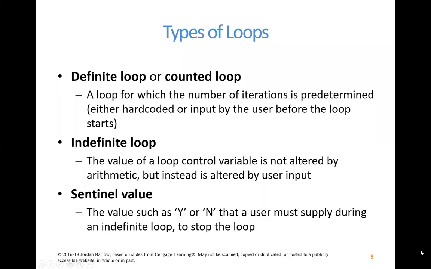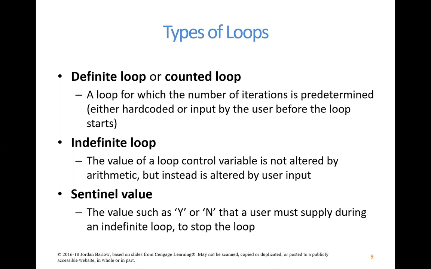All right, so a couple of things to point out here. I've just demonstrated an example of a definite loop or a counted loop. So the number, well, actually, no, I just demonstrated an indefinite loop. Not an infinite loop, but an indefinite loop.